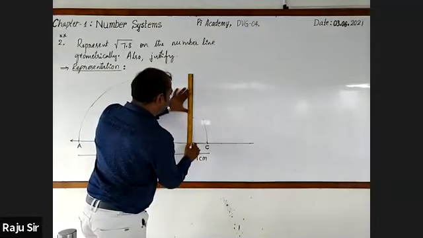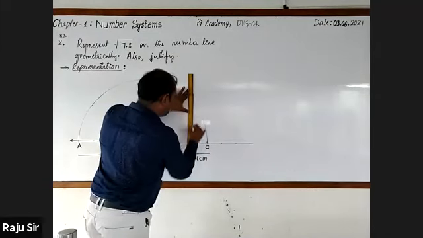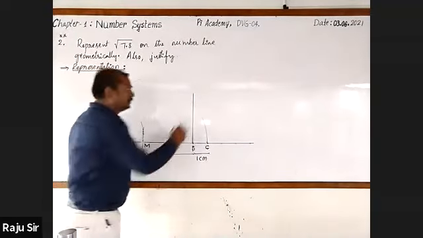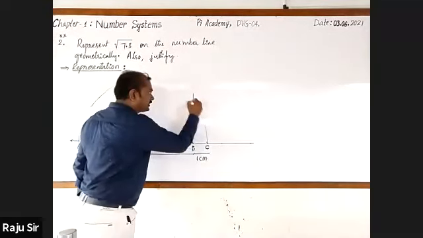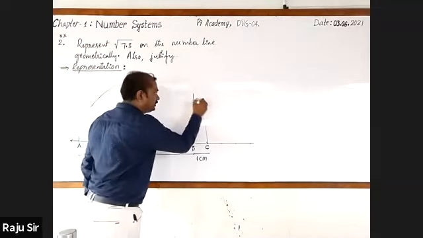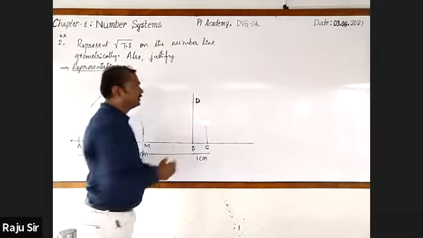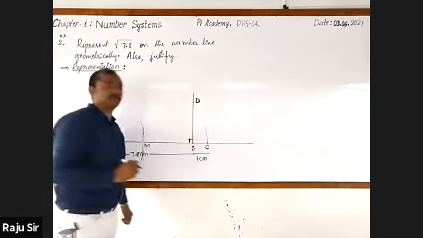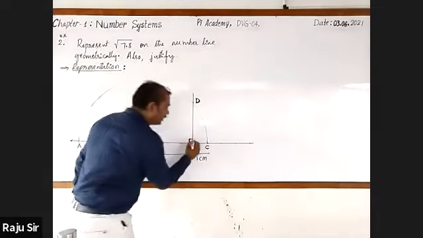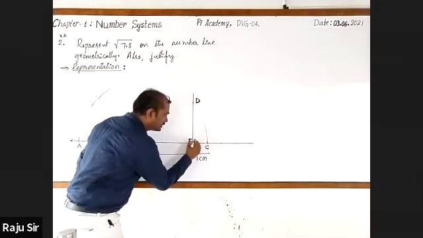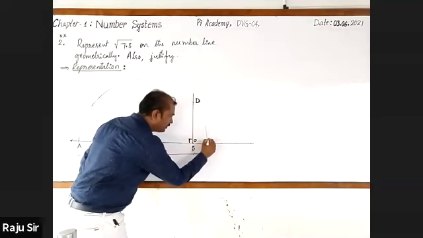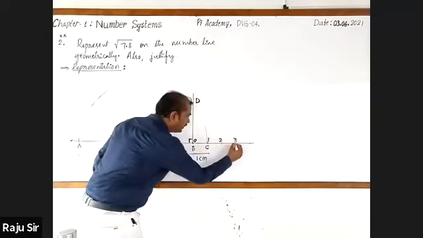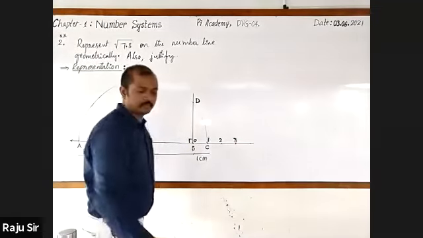Draw the perpendicular at B. This perpendicular will intersect the semicircle at point D. Call that point D, and show the right angle. From here, you can number: this is 0, this is 1, this is 2, and this point is 3. Over.